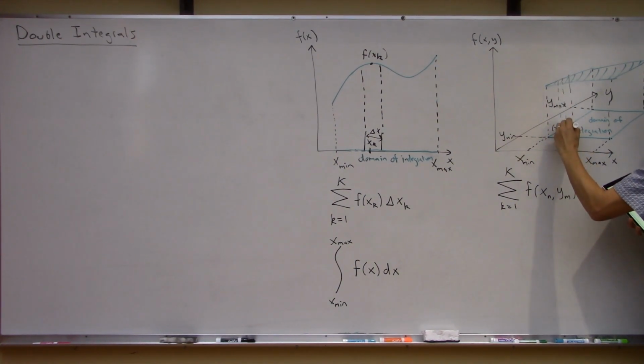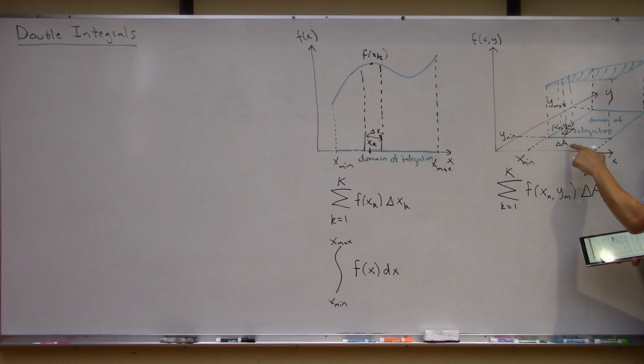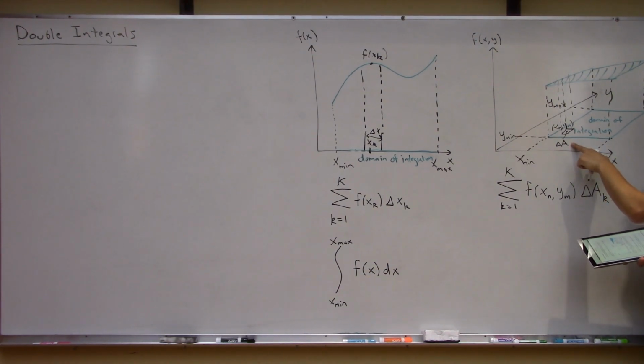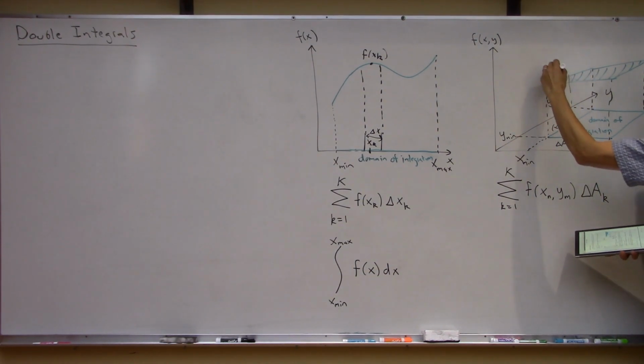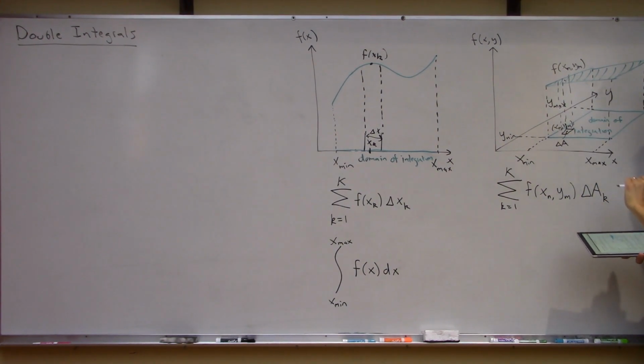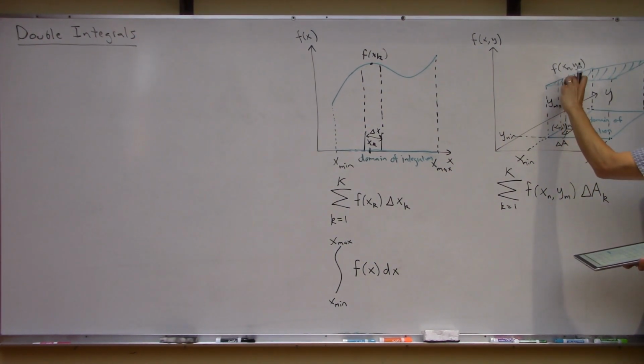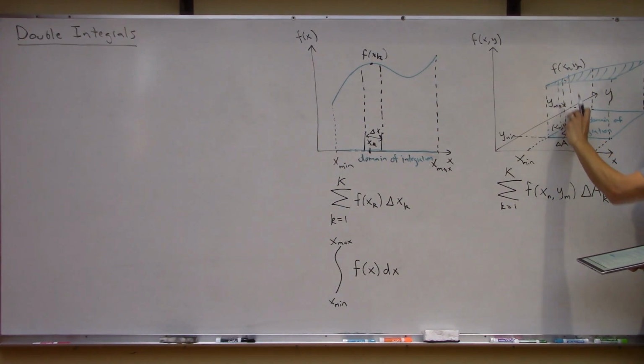So now instead of being like a rectangle, it's almost like this tower or this little cube, right? Which has a base of delta A as the area and a height, right, of f of x_n, y_m, right? It's the function evaluated at this location, right? So this term right here gives us basically the volume now of this little square.